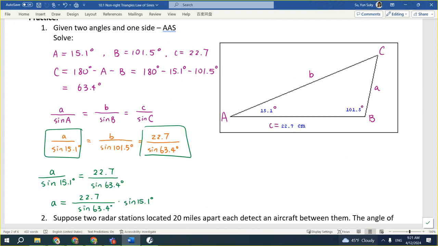On the right we multiply by sine 15.1 degrees. Now you can plug into your calculator. Make sure you are in degree mode. I suggest plugging into your calculator in the last step. Do not plug in your calculator here, you're not ready yet. Plug in at the last step and put everything into one line.